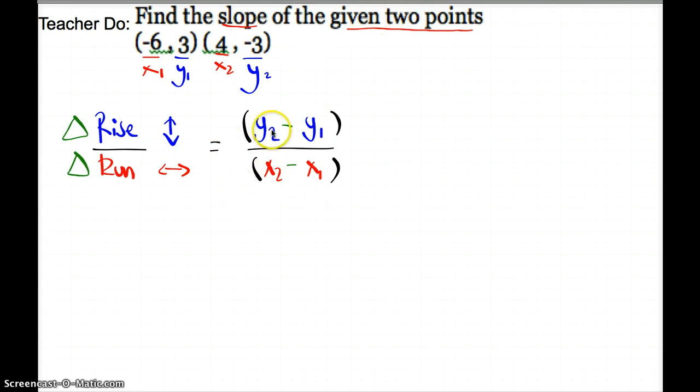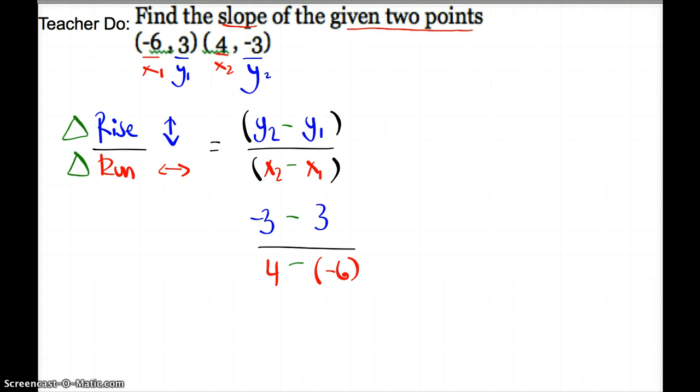So, instead of y2, I'll write -3. Instead of y1, I'll write 3, and that minus sign in the middle. For our denominator, I'm going to write our x value, which is x2, which is 4, and our x1 value, which is -6, and then I'll put the subtraction sign in between.